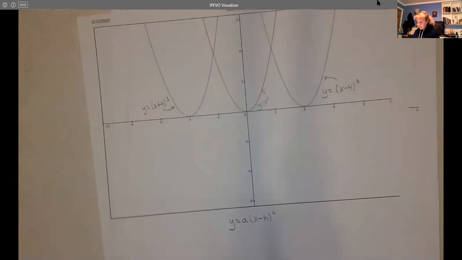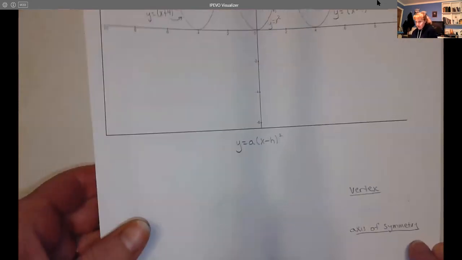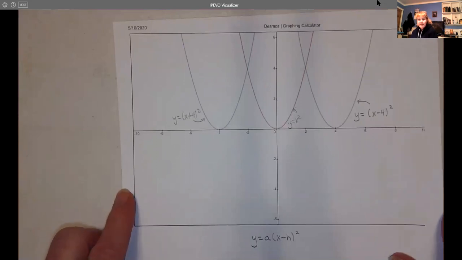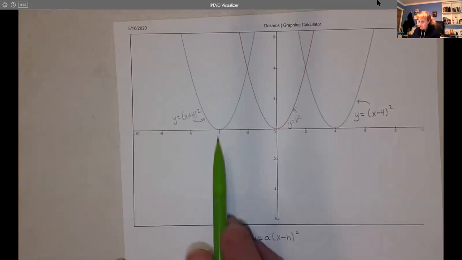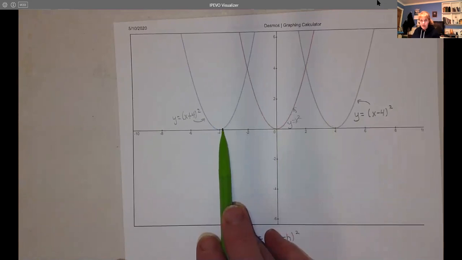Now, what does the H do? So we talked about the A. The A on each of these, we can automatically tell that the A is positive here.